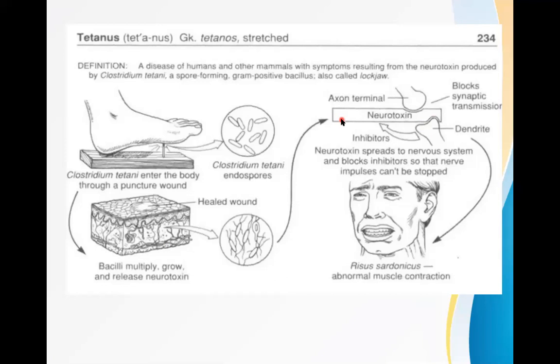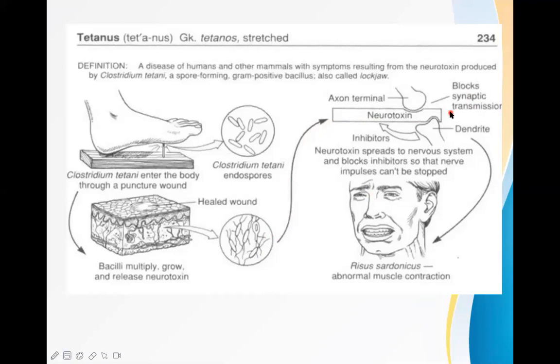The motor neurons start from the central nervous system and come towards the periphery. But here the toxin has started from the periphery and is going towards the central nervous system. So this is retrograde transmission.